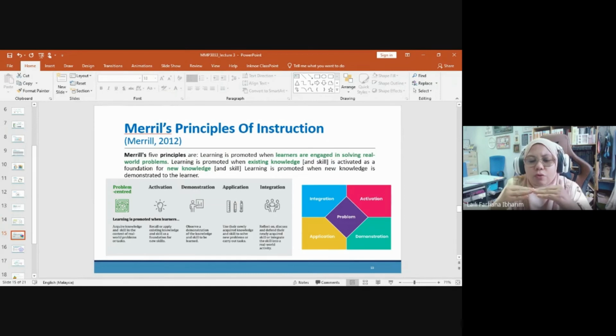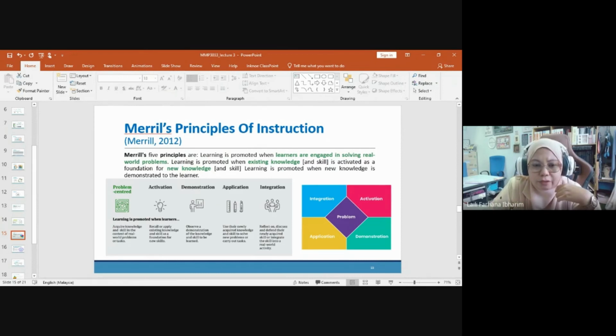So how do you develop or construct a stable bridge? Okay, so here you have to use your existing knowledge and skills, to apply in the activities to create the new knowledge that you will get from the activity. Okay, so here we can see the problem centered.